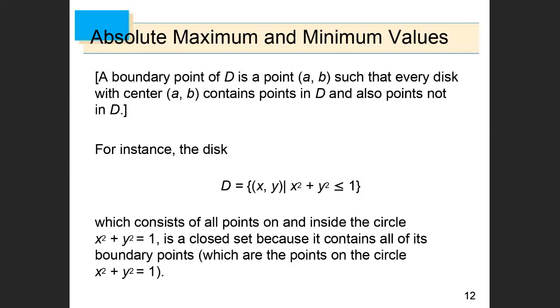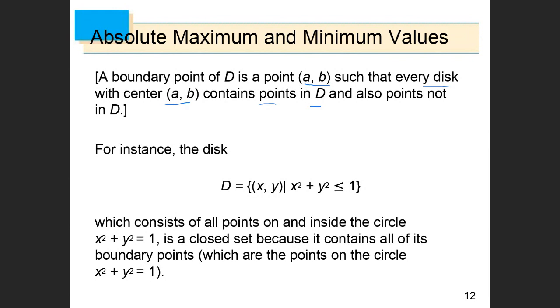So, what is a boundary point? A boundary point of D is a point (a, b) such that every disk with center (a, b) contains points in D and also points not in D. That's why we talk about this.